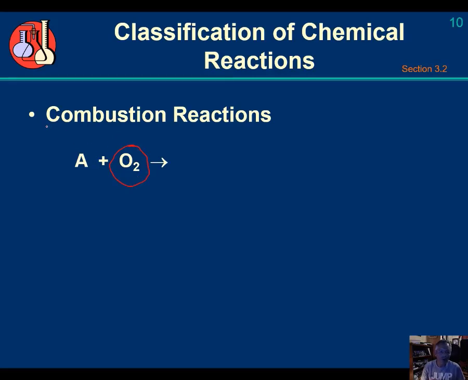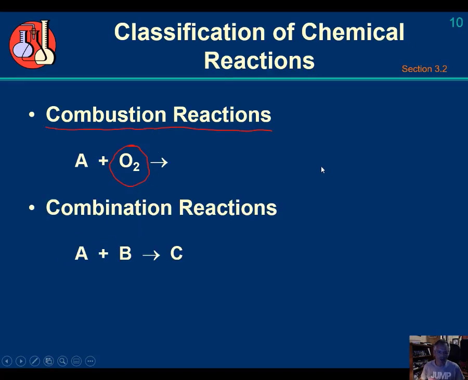The presence of O2 as a reactant automatically classifies a reaction, whatever the other reactant is, as a combustion reaction. Now, we may have some other ways of classifying the reactions, but a broad category for this type of reaction with O2 as a reactant is a combustion reaction.